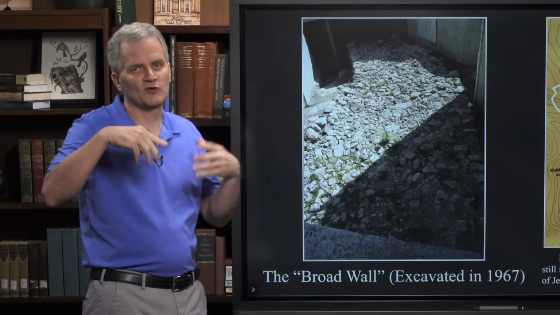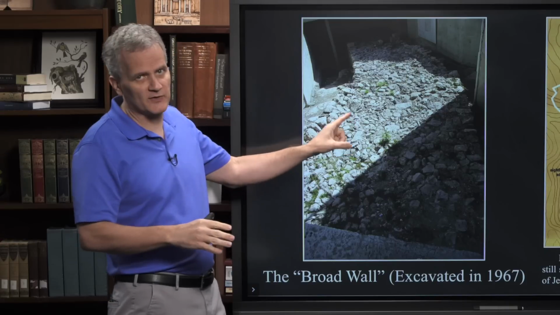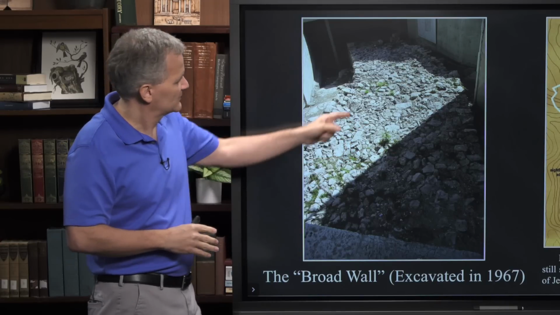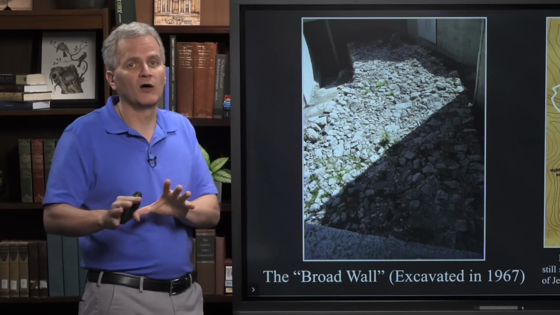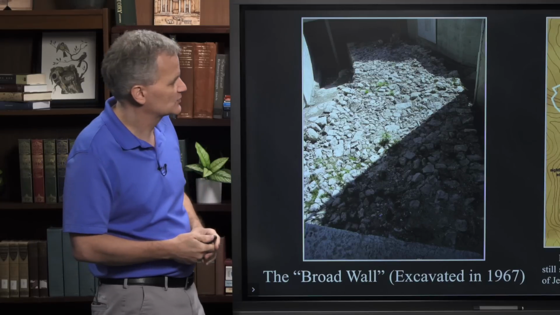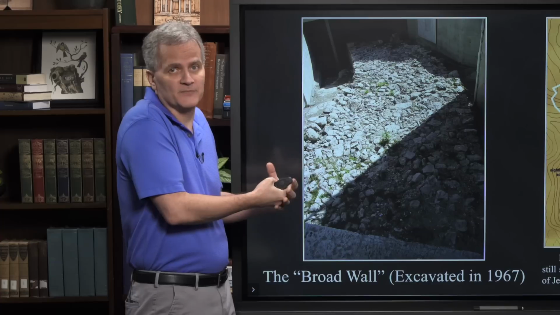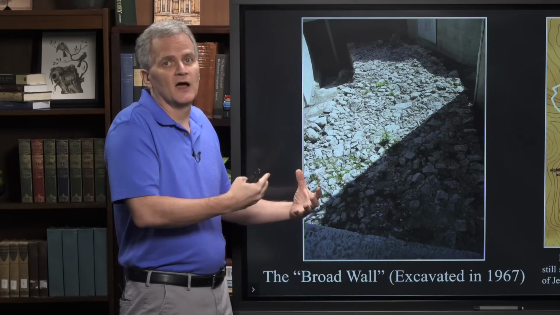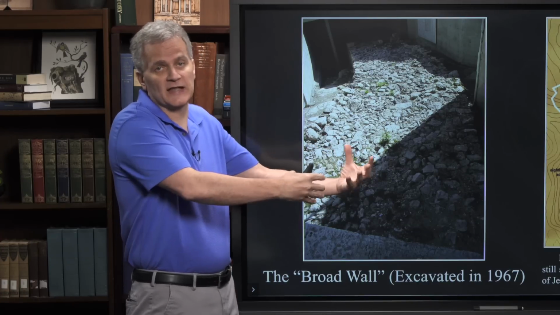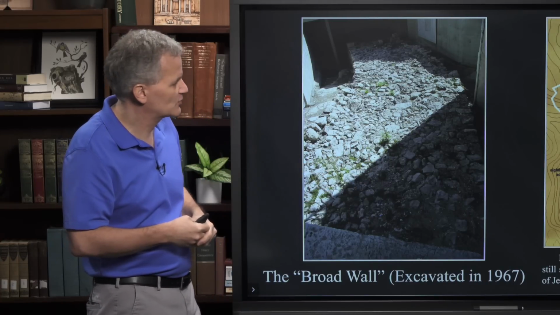If you go to Jerusalem today, go into the Jewish quarter, ask around, and they'll point you to the Broad Wall, and you can see it for yourself. It is part of the wall that Hezekiah built to the west of the original city of Jerusalem. So this is the first reason why we have a major addition onto the city, and it's to the west. And of course, in later times, it would mostly be to the west that the city would continue to grow.